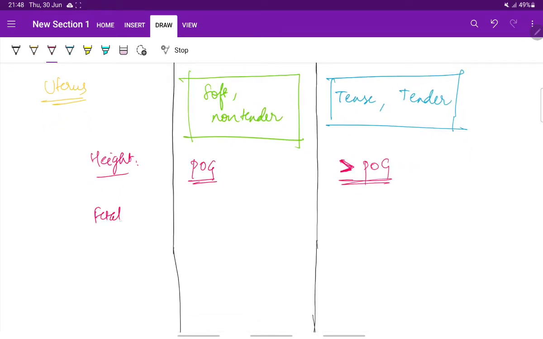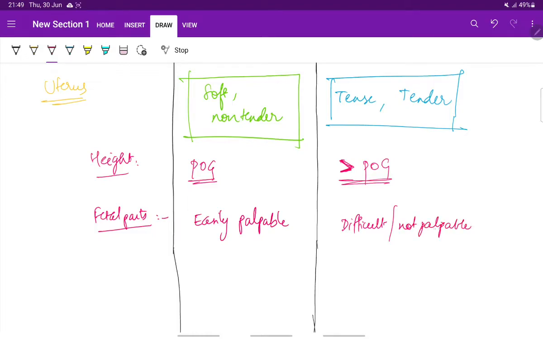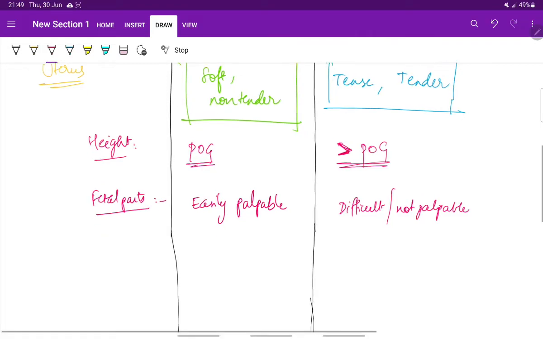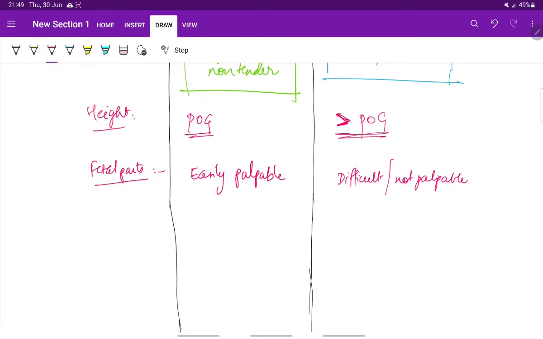Next, the fetal parts are usually easily palpable in placenta previa, but it is difficult to palpate or not palpable in case of abruptio placentae. Next, malpresentations are common in case of placenta previa, whereas they are uncommon in abruptio placentae.